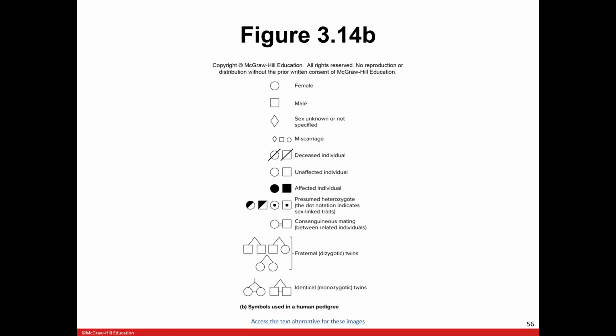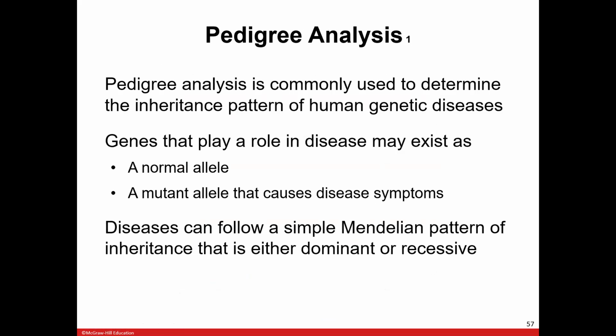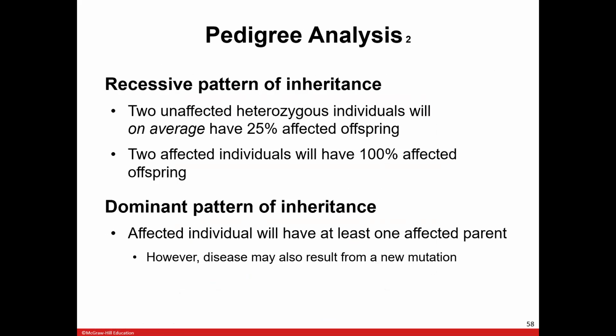We are going to work with pedigrees more on Wednesday during our bloodlines case study. But just to give you an example here, you could have a disease that has a normal allele and then a mutant allele that causes the symptoms of the disease. Whenever we see a recessive pattern of inheritance, two unaffected individuals are going to have 25% affected offspring.